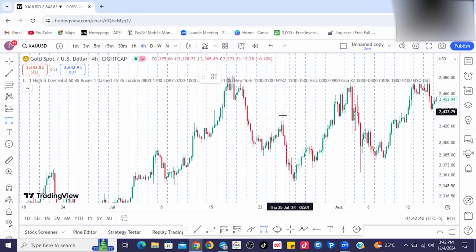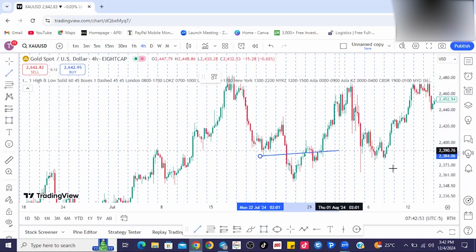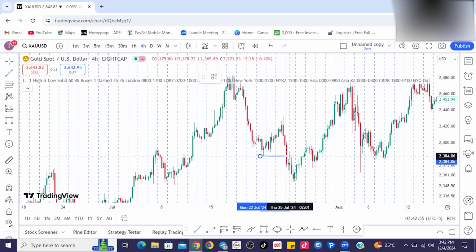Okay, so this is a previous swing high. This is a swing low. At this swing high, we have the price create a BOS, right? We have the price create a BOS here. Then at this particular level, we identify our order block.